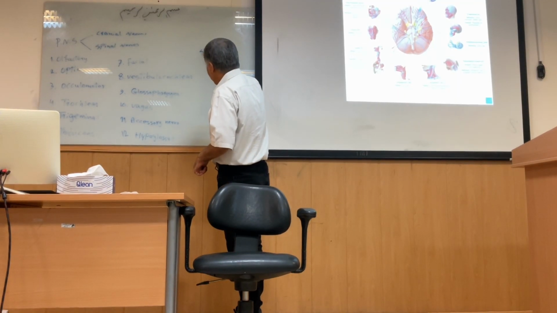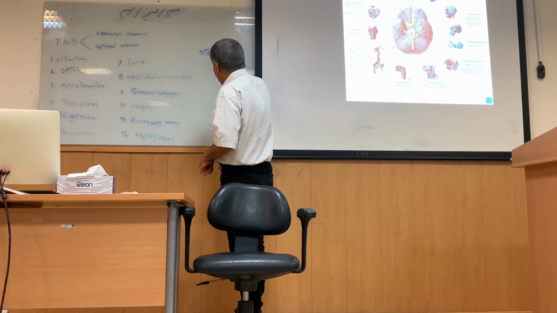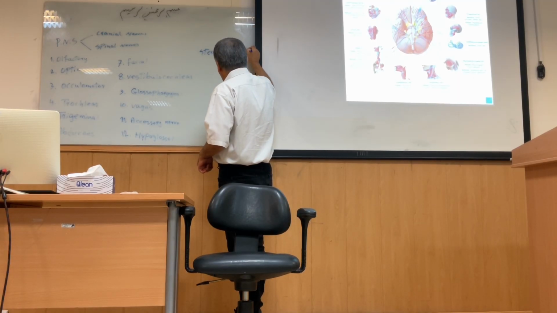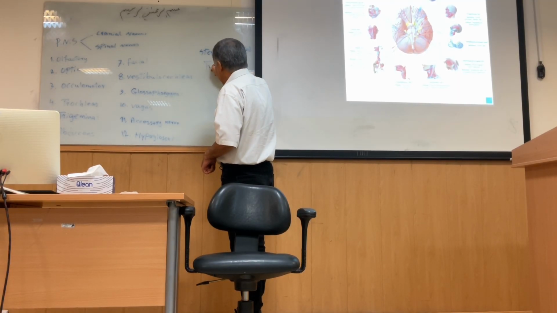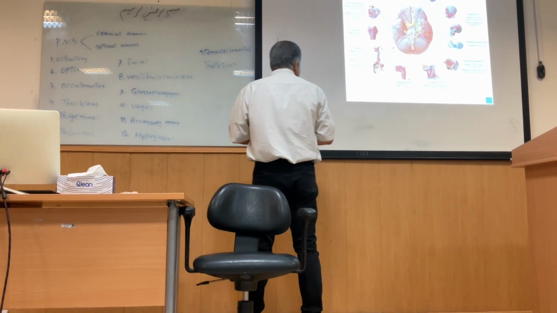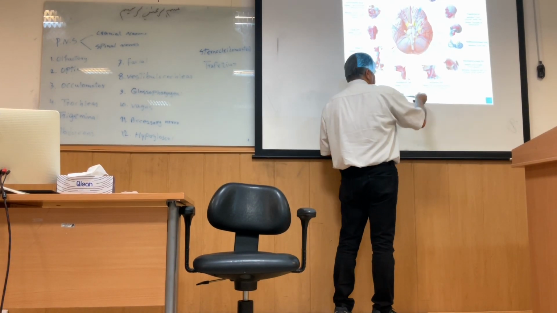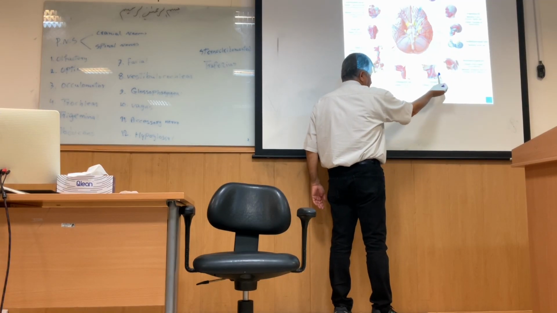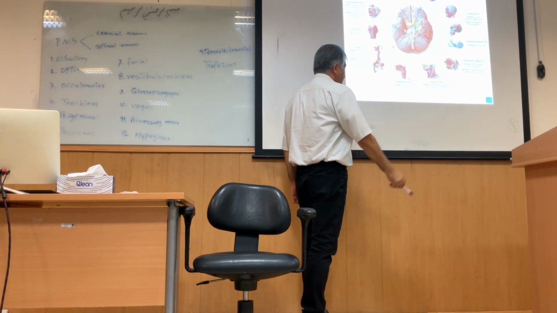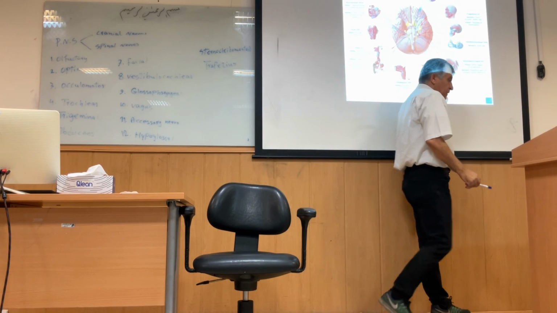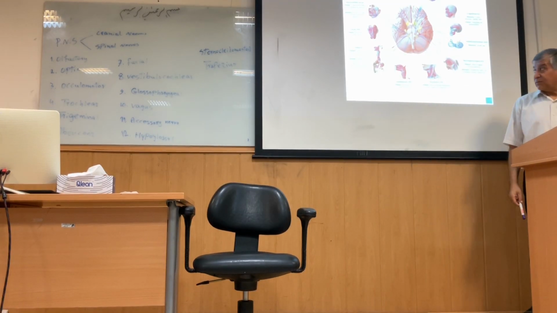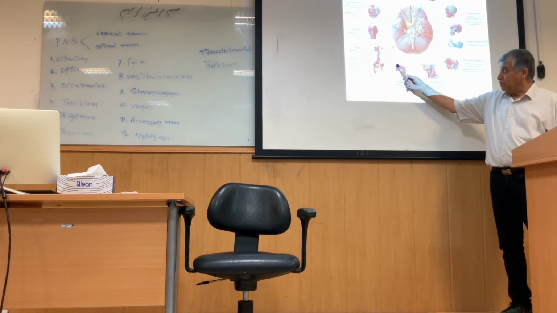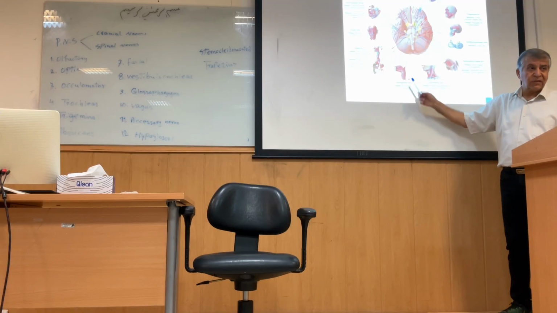And trapezius. And finally, the hypoglossal nerve, cranial nerve, innervate muscles of the tongue.